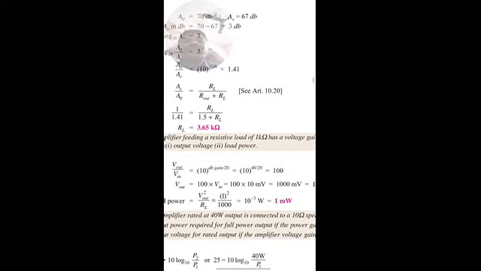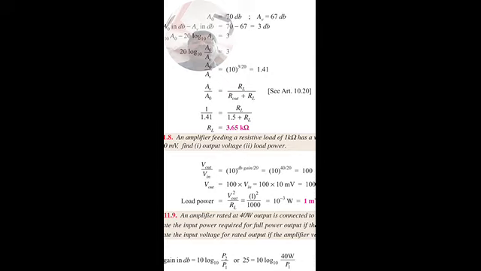So we need to find Vout. Vout by Vin is equal to 10 to the power of dB gain divided by 20, 40 divided by 20, 10 power 2, so that is 100. So Vout is 100 times the input voltage, that is 1000 millivolts or 1 volt.